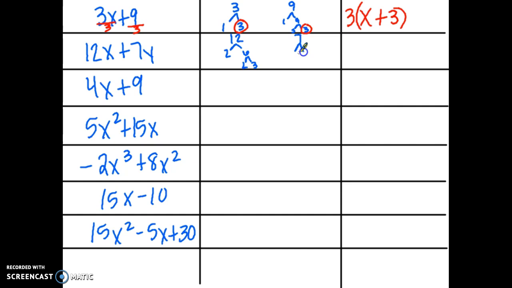The only thing that goes into 7 is 1 and 7. So now I look at the numbers in these factor trees. I have a 2 and a 3 for my 12, the smallest numbers. And then for the 7, I have 1 and 7. They don't have anything in common. So if I can't pull a number out, or I can't pull a variable out, then it cannot be factored.